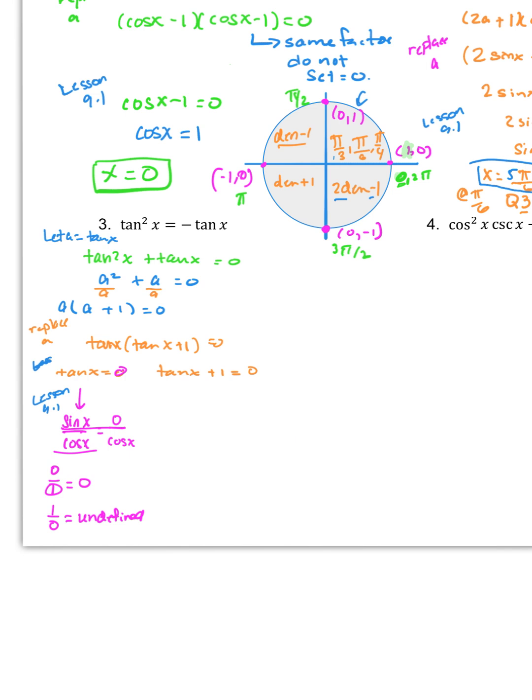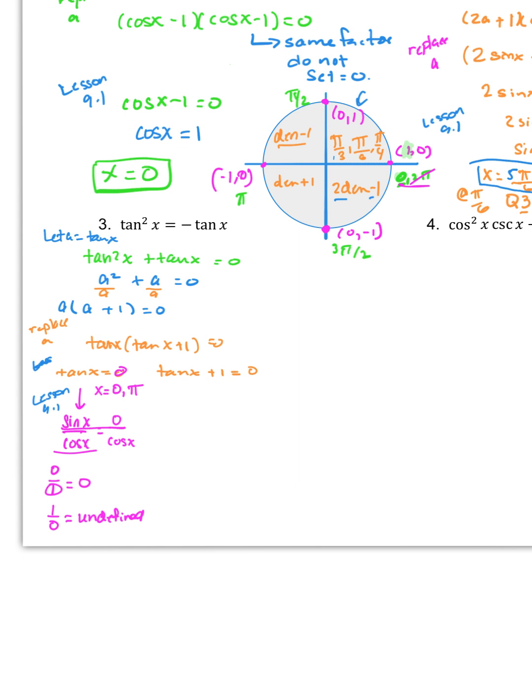Don't mess it up. So I know at 0 and pi, but again, we can't use 2 pi. So sometimes you might just want to leave that off for now, since we can't use it. So that means x has to equal 0 or pi. It's the only way it's going to work.